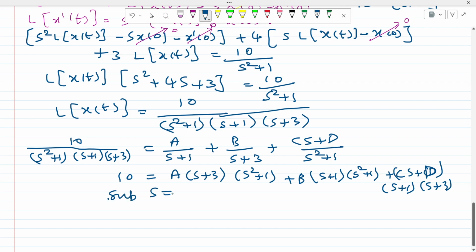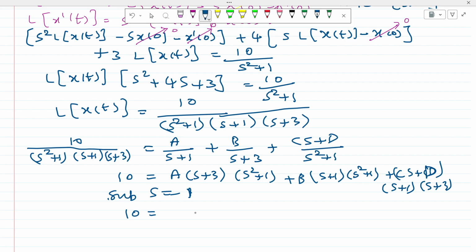Substituting s equal to minus 1 here, the b and c terms are 0, but the a term is not 0.